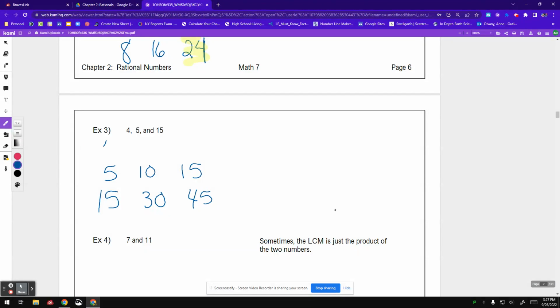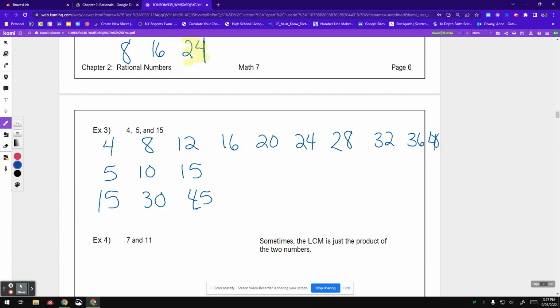Let's do 4 times 1, 4 times 2, 4 times 3, 4 times 4, 4 times 5, 4 times 6, 4 times 7, 4 times 8, 4 times 9, 4 times 10. 4 times 10 is 40. I can get 5 to a 40. 15 is 45. Ugh, that's yucky.